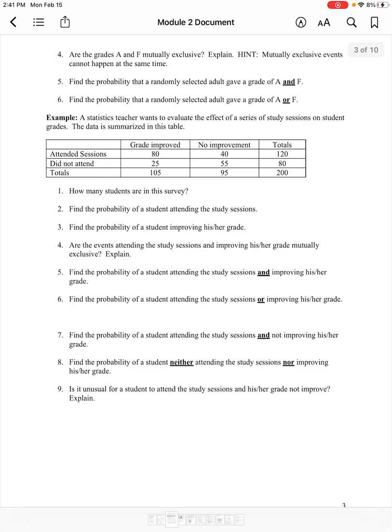Are the grades A and F mutually exclusive? Going back to the definition that mutually exclusive is they cannot happen at the same time, then you would say yes.